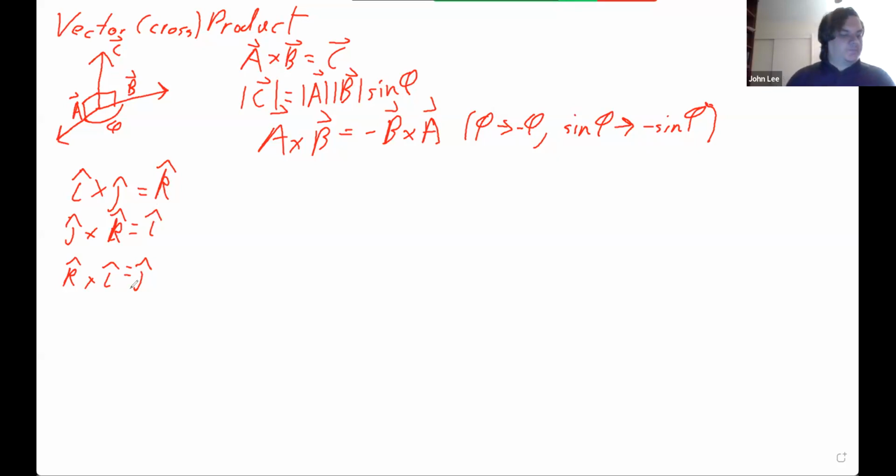So by doing this, you can come up with a numerical formula. Oh, whoops.